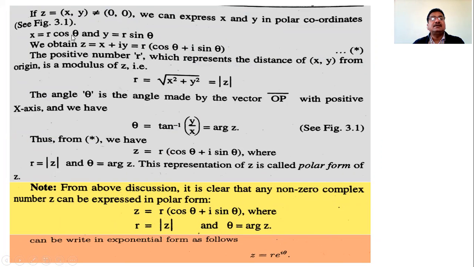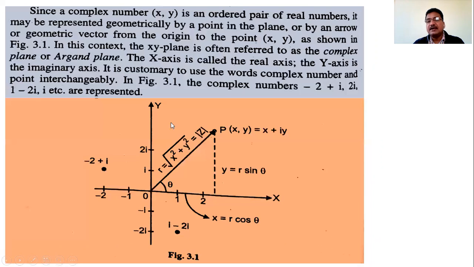So x is r cos theta, y is r sin theta, and z is equal to x plus yi. Here, if this angle is theta, then we have this distance y and this distance x, because this point is x, y. So what is cos theta?